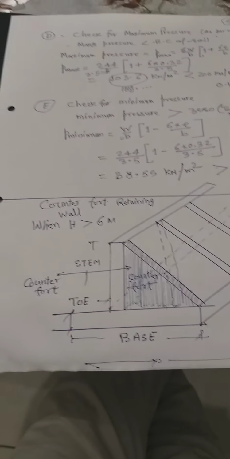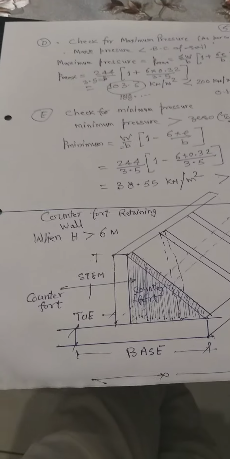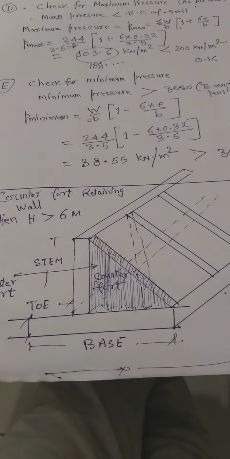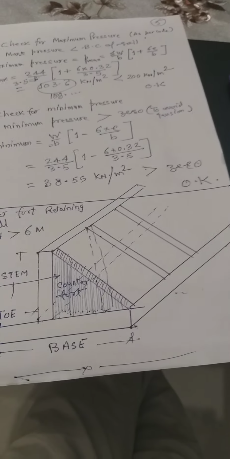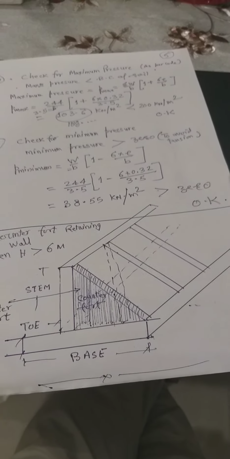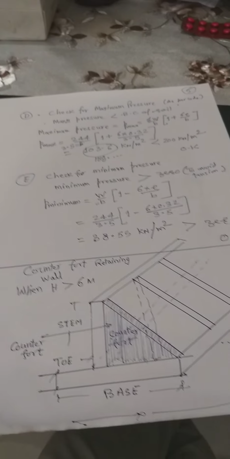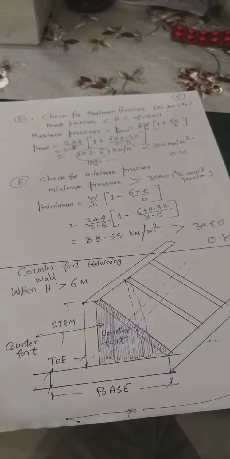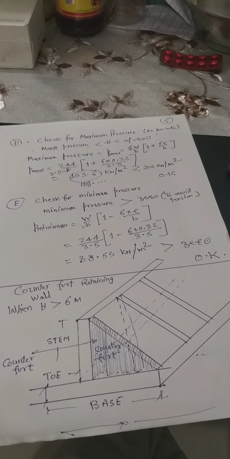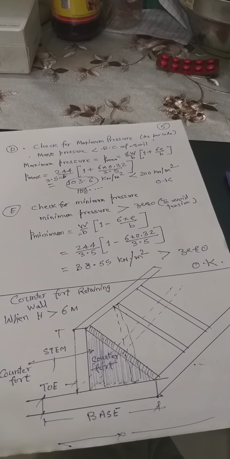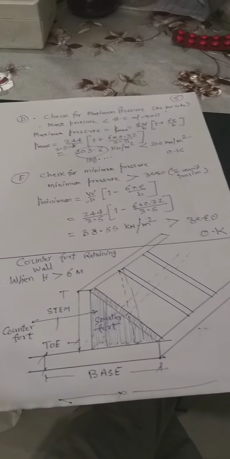Now, before ending this lecture, let us have some idea about the counterfort type of retaining wall. We have already seen in the beginning that when the height of the retaining wall increases beyond 6 meters, at that stage the cross section increases, the thickness increases, thereby the total quantity also increases.